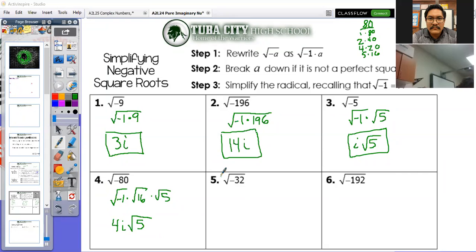All right, moving on to -32. Let's see, -32. We need square numbers. But let's take out that negative first, because again, -1 times 32 is a way to separate the -1. And let's see, 2 times 16. So I'm going to go with 16 times 2.